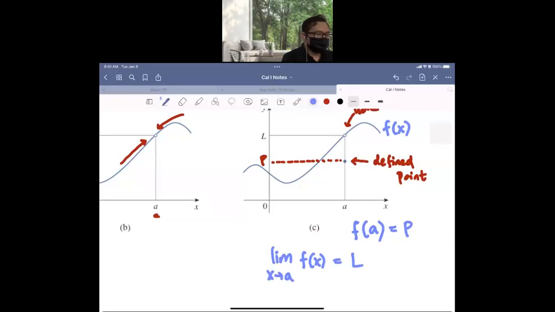When you plug in your value x, perhaps that will give another value that is outside of the curve. It can happen. But when you deal with the limit, you will get L. Okay, so this can also happen.